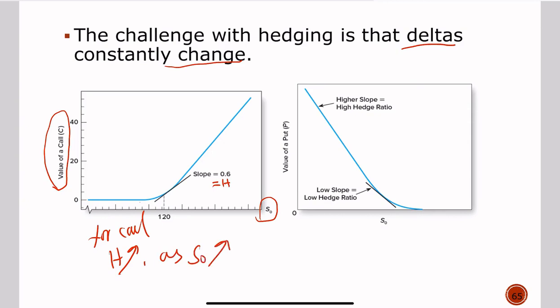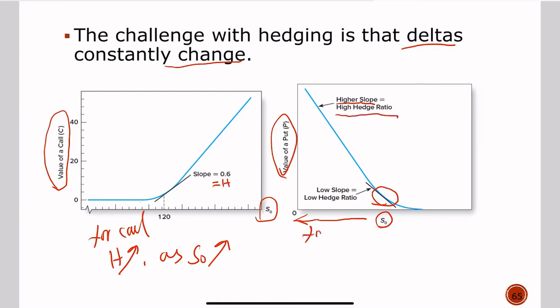Now, if you look at this right-hand side, you're looking at the value of put versus stock price. What you can see here is if stock price is low, then the slope of the curve is low, which means hedge ratio is small. And when the stock price becomes even lower, let's say it approaches zero, now the slope is higher, so hedge ratio becomes higher.